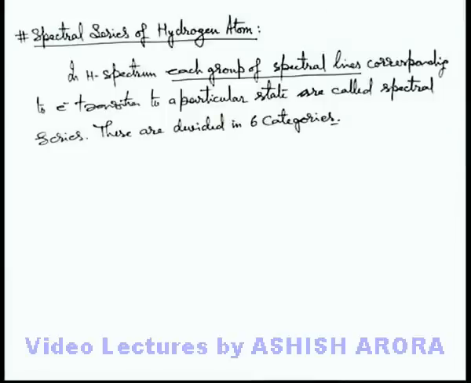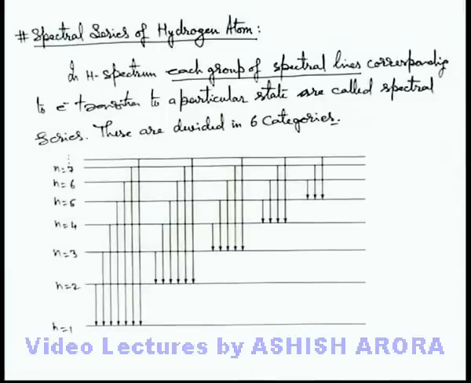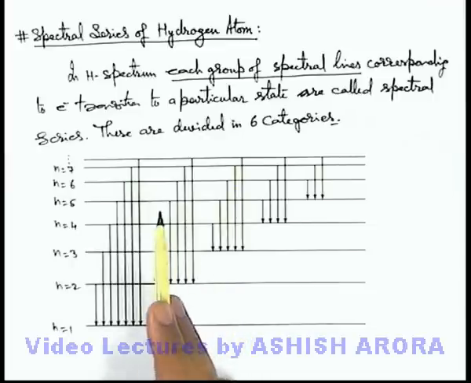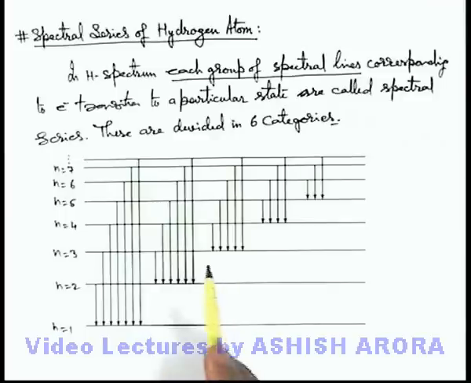Let's have a look at this picture. In this diagram, you can see all possible transitions of de-excitation for an electron from any higher energy level to a lower energy level are shown. Here, for the sake of clarity, the differences between the energy levels are not shown according to the values of their energies.